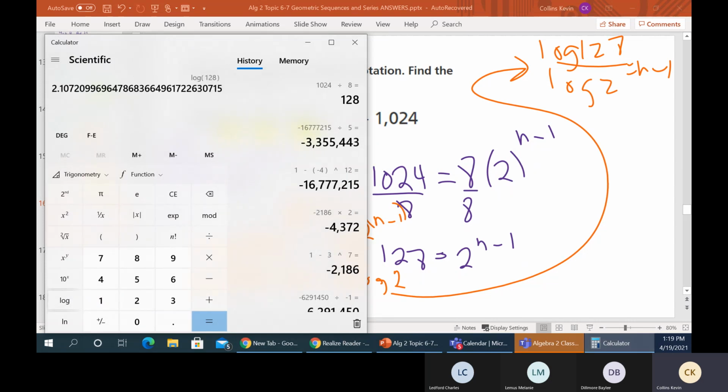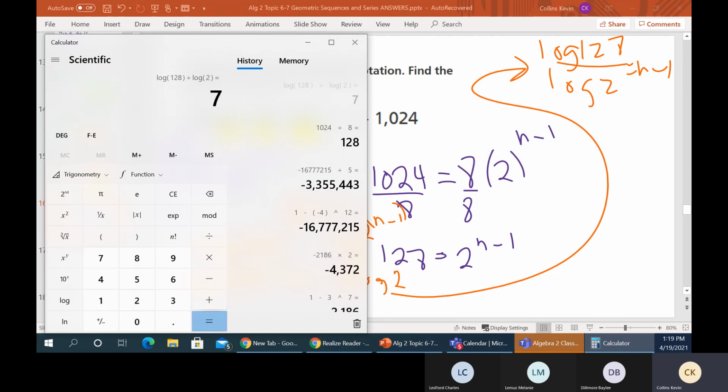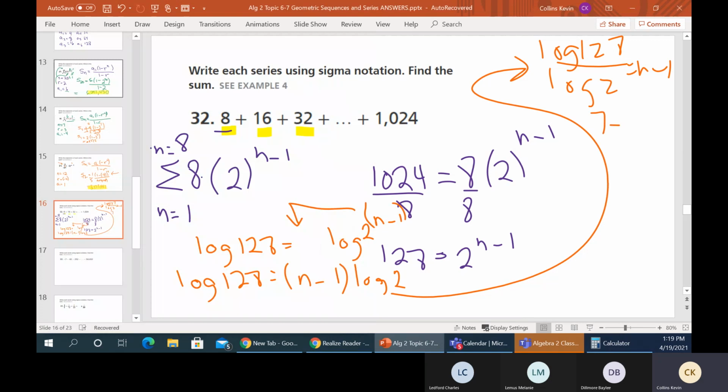We get weirdness. Divided by 2. Log. We get more weirdness. Equals suddenly non-weirdness. 7, right? So we go 7 equals n minus 1. Add 1 to both sides to figure out what n is. N equals 8. Ta-da!